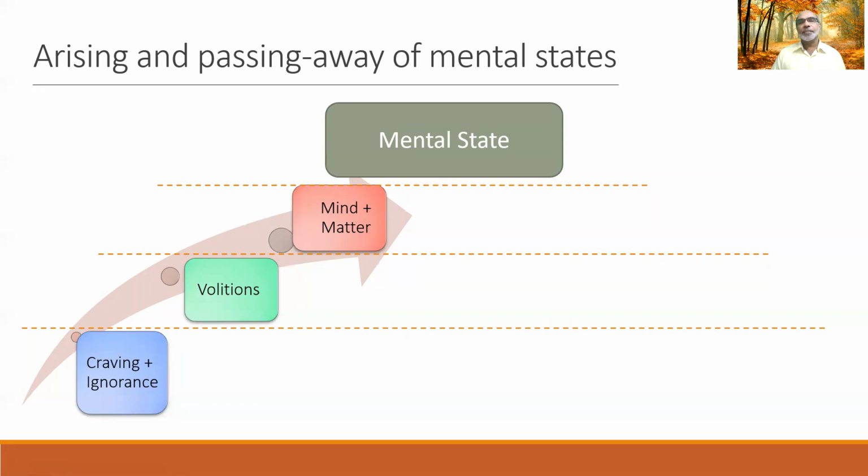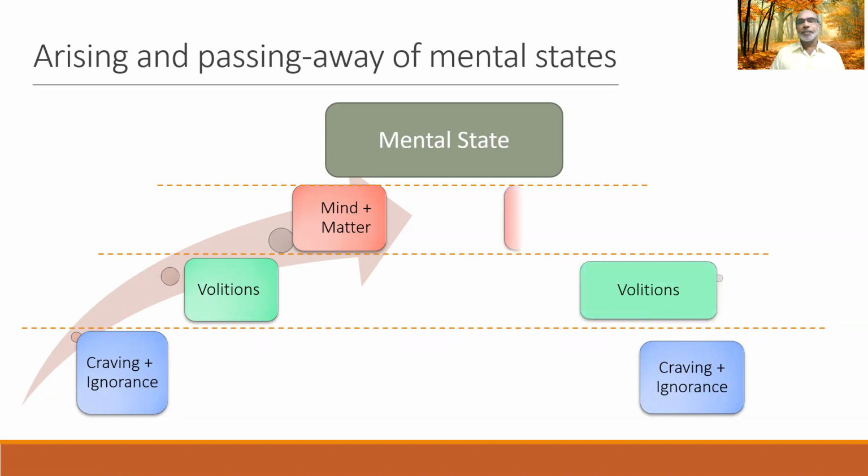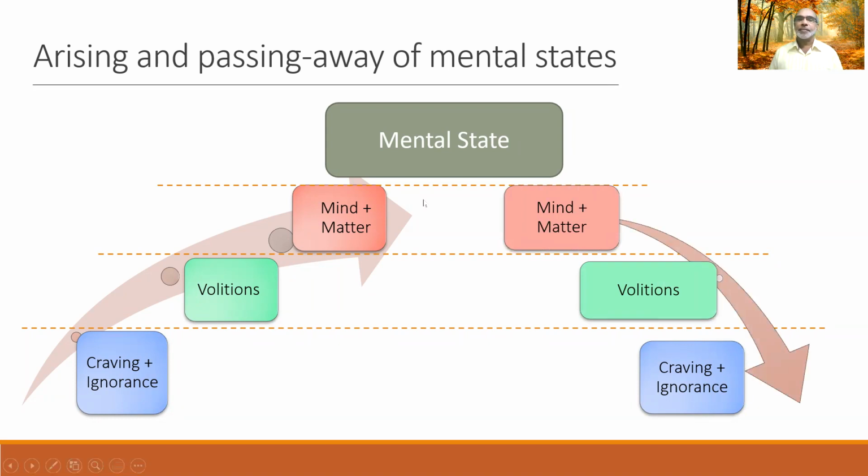And when the causes vanish or become absent, the mental state cannot continue, cannot remain. So each one of these causes, when it is absent, the mental state will pass. That state will pass, a new state will arise.